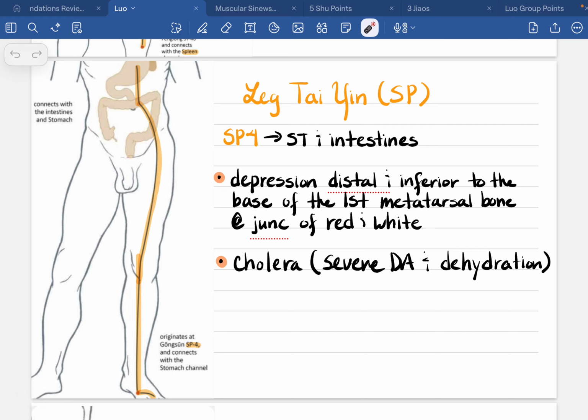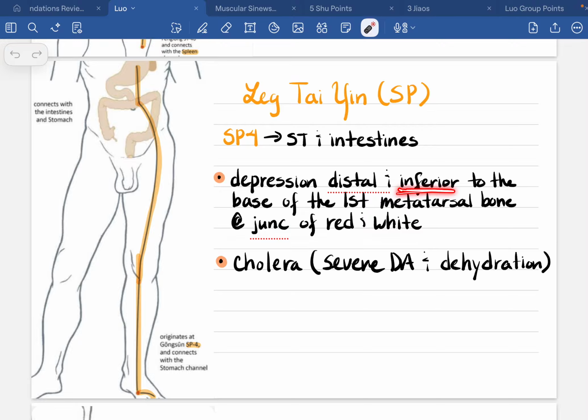Now for the spleen, the Luo point for the spleen is spleen 4. It goes to the stomach and intestines. It's in the depression distal and inferior to the base of the first metatarsal bone. So you know that this is below the bone, okay?